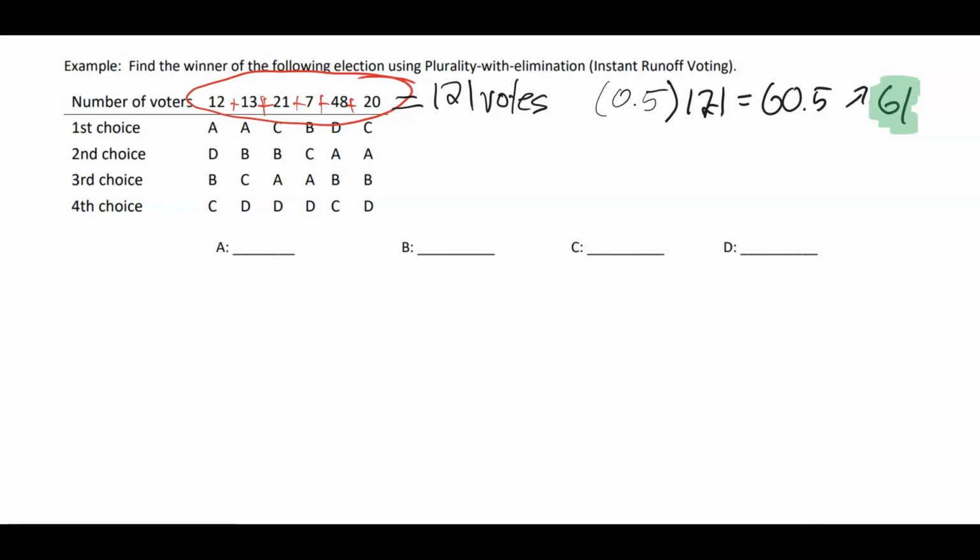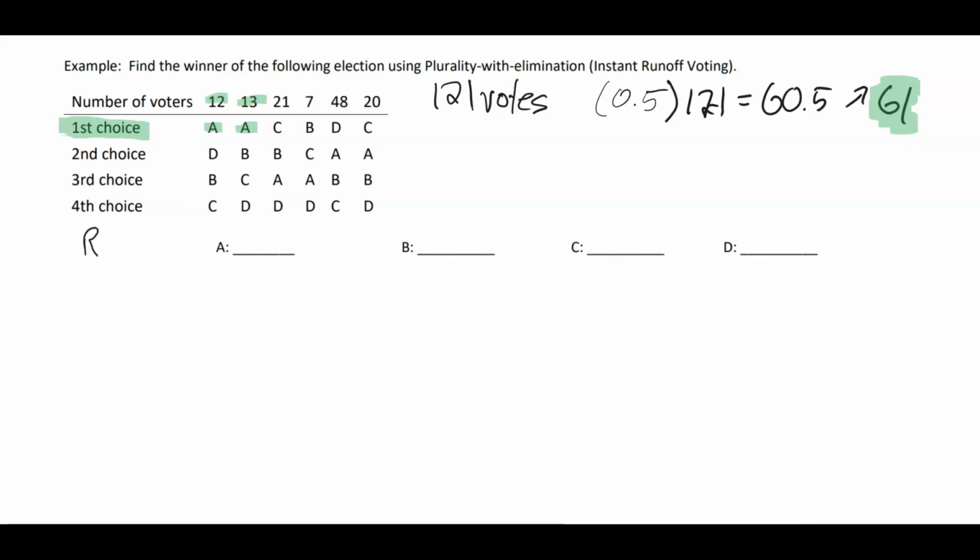Okay, so let's take a look at the situation we have now. By the way, all we're looking at are first place votes. Currently A has a total of 25 first place votes.